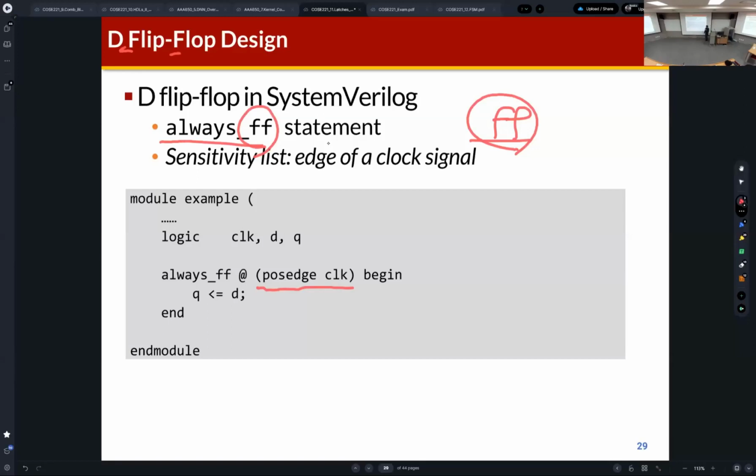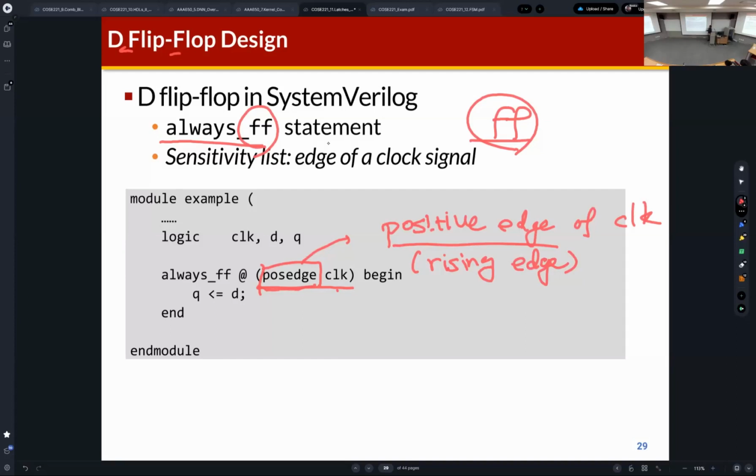Then what does that mean? As you can see, you can find posedge clock. It means the positive edge of clock, and positive edge means the rising edge.